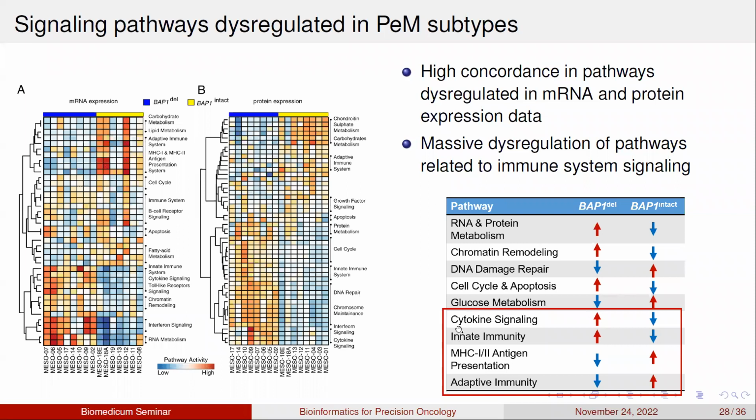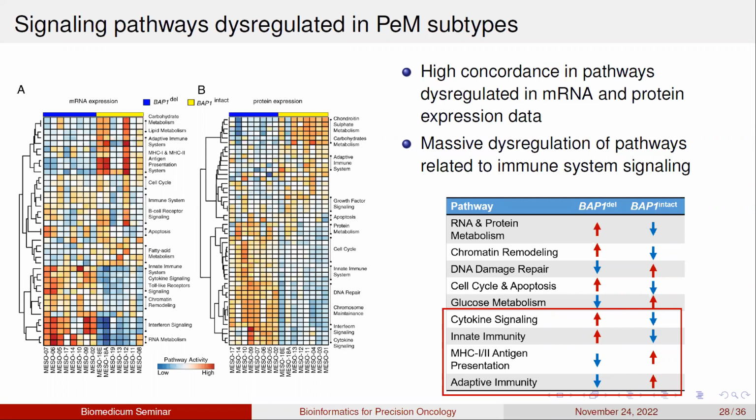For example, cytokine signaling and innate immunity were activated in the BAP1 deletion patients, whereas for the BAP1 intact cases, the MHC presentation and adaptive immunity pathways were activated, and these immune system pathways were more active in the BAP1 deleted cases. So we thought about whether there is immune infiltration within these BAP1 deleted cases.